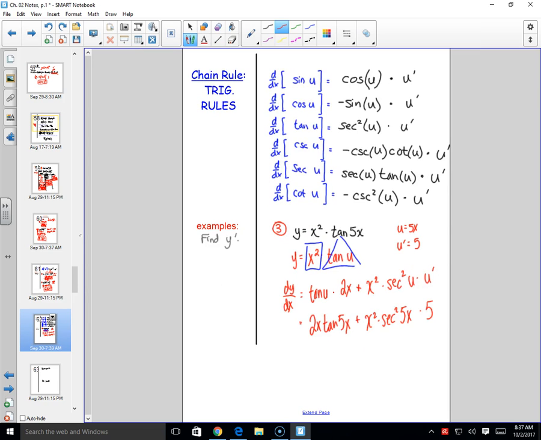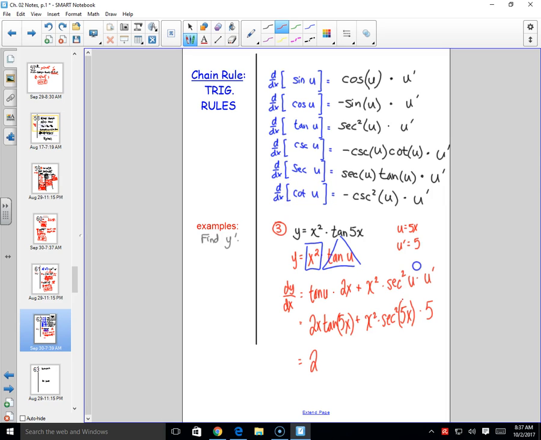Pause once again. You guys don't see parentheses on your trig right now, right? So who is tangent naturally of? 5x. Who's secant squared naturally of? 5x. So what can I do with this 5? The u prime? Good.